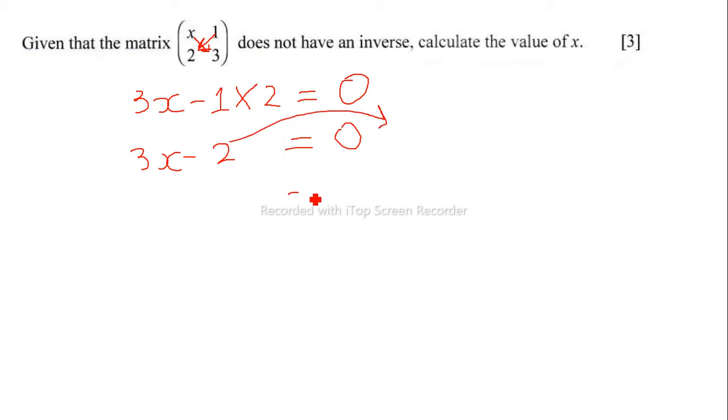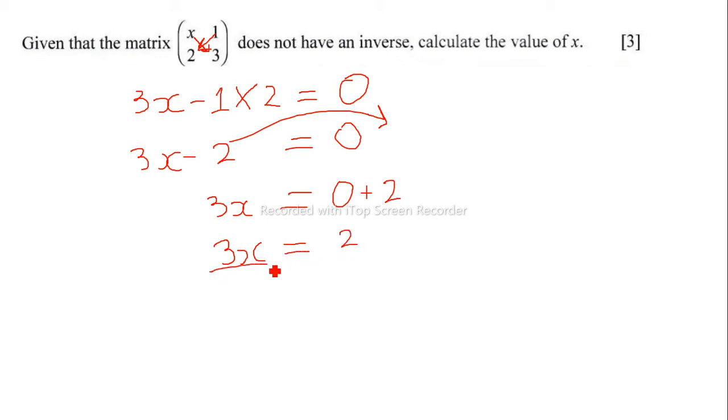So 3x is equal to 0 plus 2, because we sent it over. 3x is going to be, what is 0 plus 2? 2, very good.